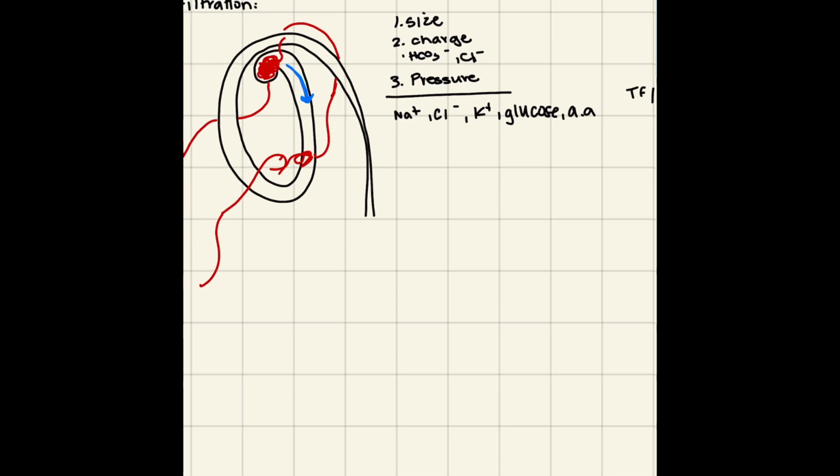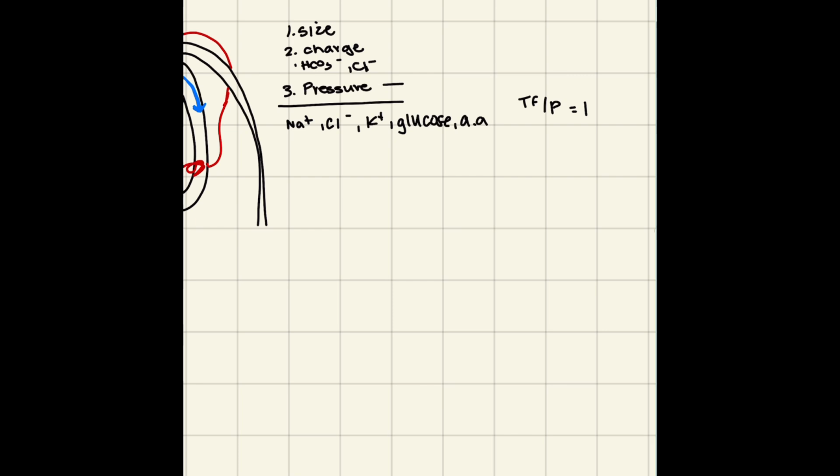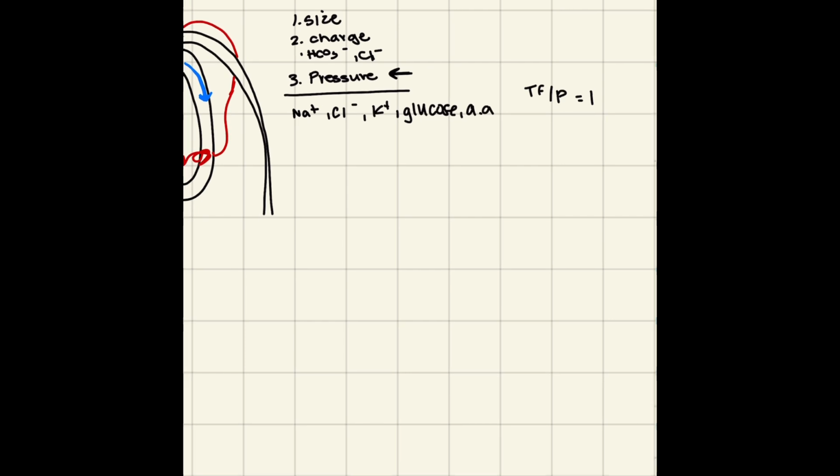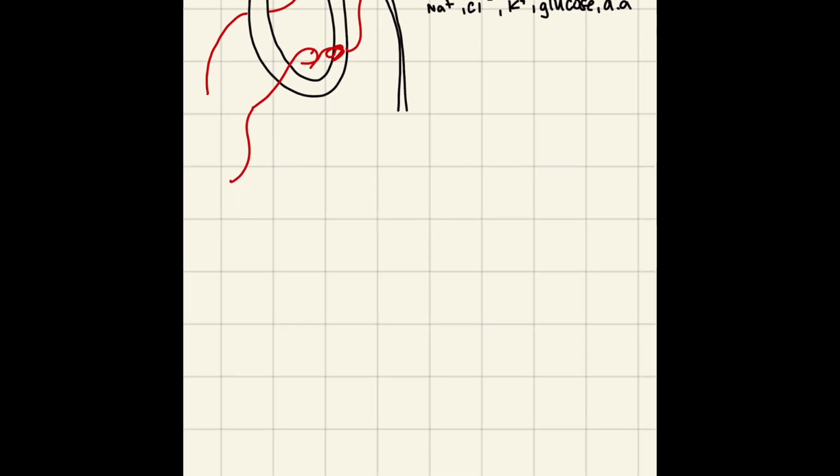Now, to affect the pressure and filtration, this is kind of going out of order of the prompt. Sorry, that's probably going to be confusing. But we regulate blood flow to the glomerulus. I'm just going to simplify this.